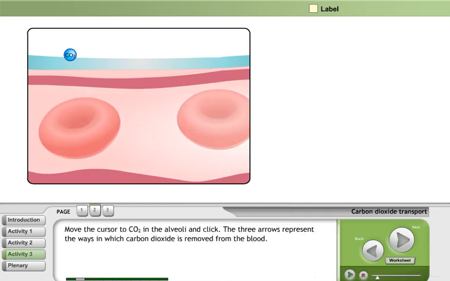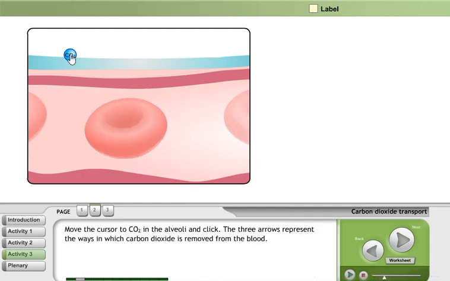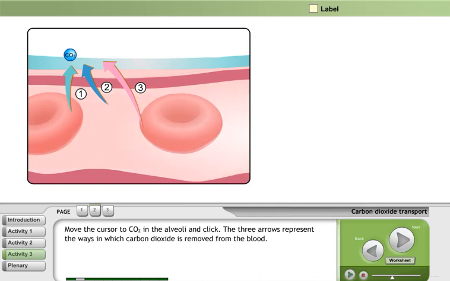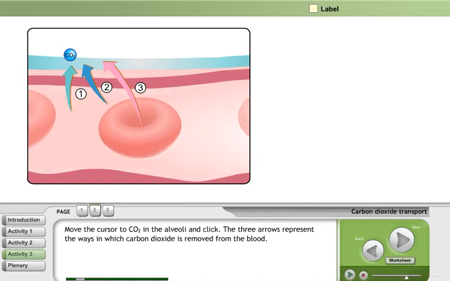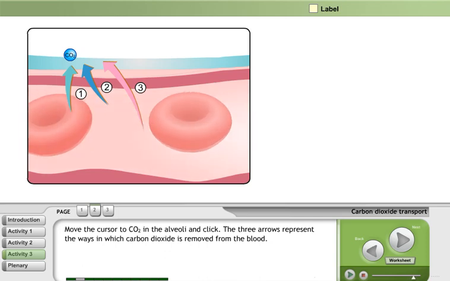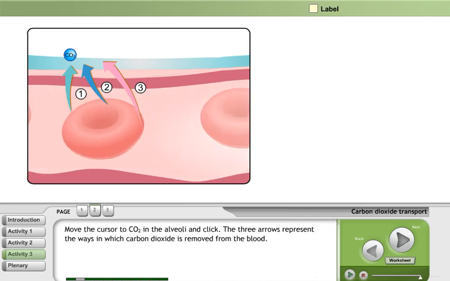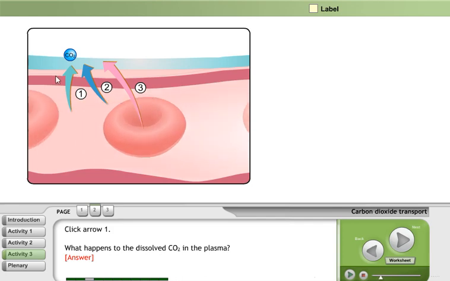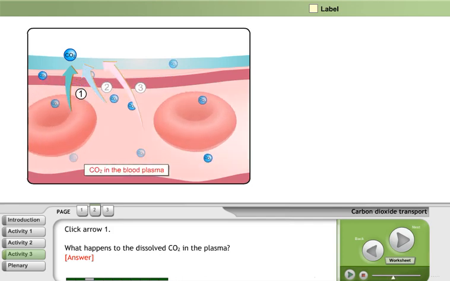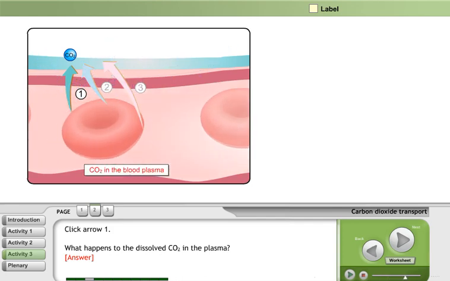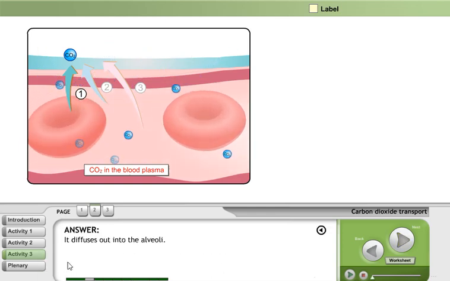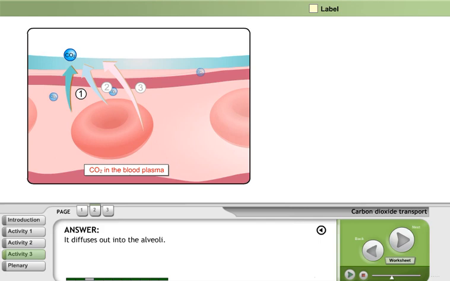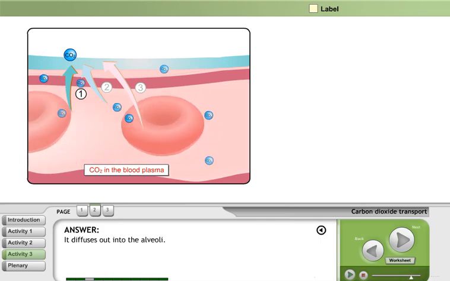Move the cursor to carbon dioxide in the alveoli and click. The three arrows represent the ways in which carbon dioxide is removed from the blood. Click arrow 1. What happens to the dissolved carbon dioxide in the plasma? Answer: it diffuses out into the alveoli.